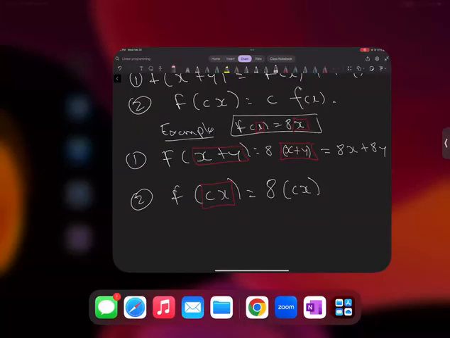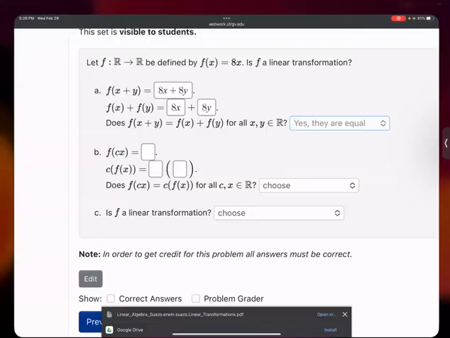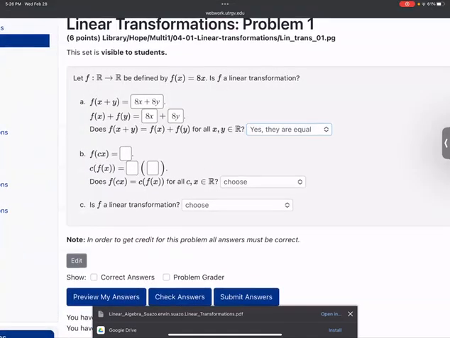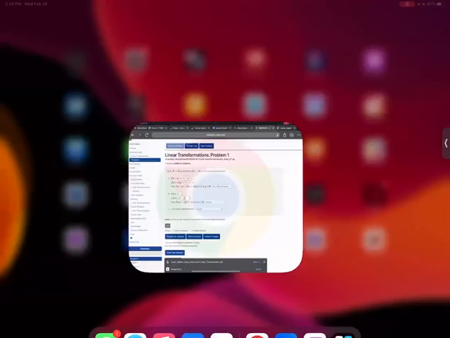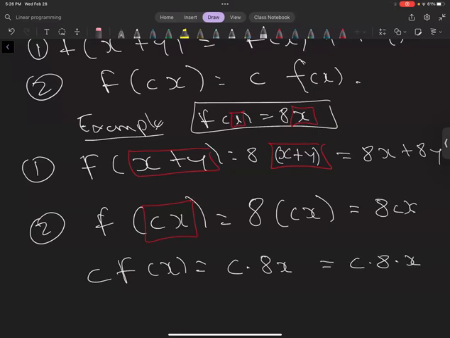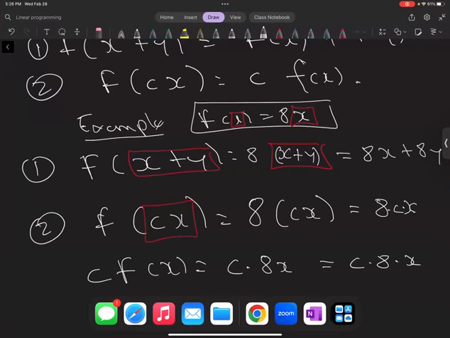And now the other one says c f of x. So what is f of x? Ax. So is Acx the same as cAx? Is it the same or not? Yeah, because they're numbers. Since they are numbers, they are the same.